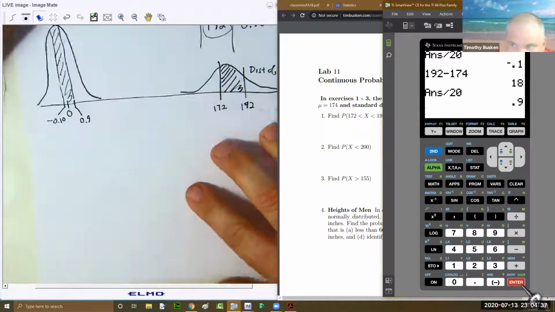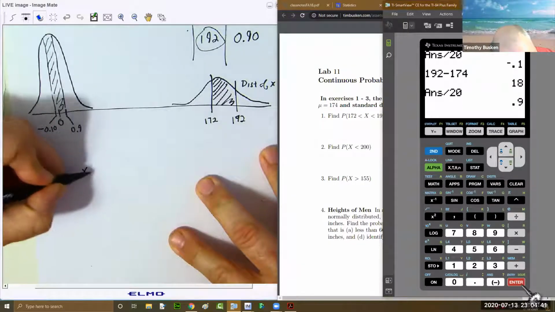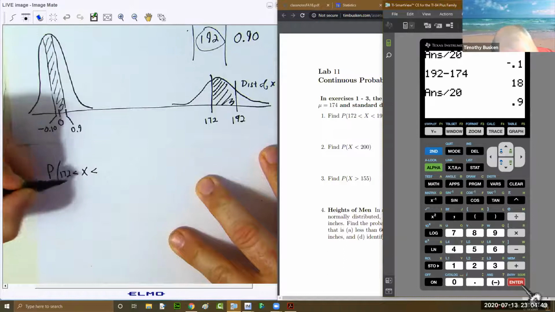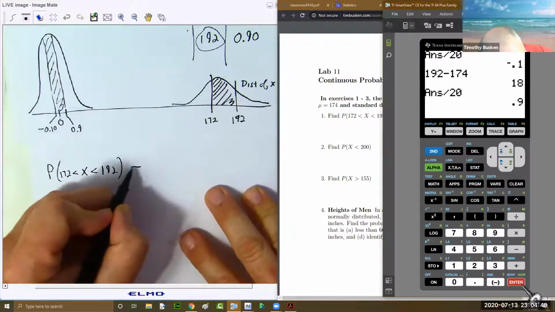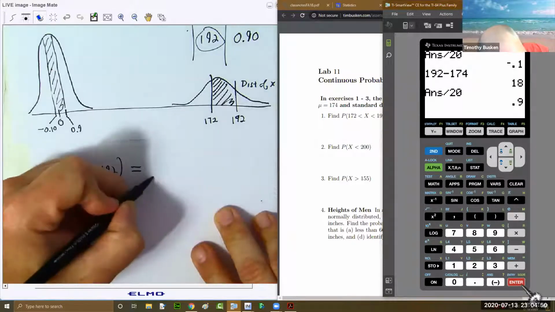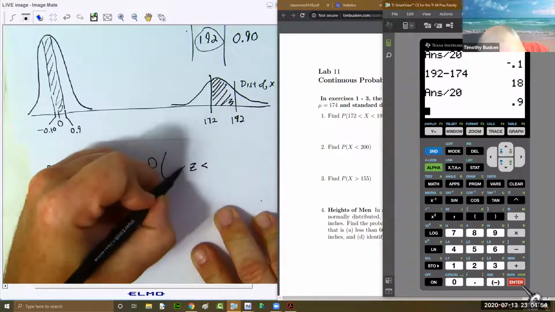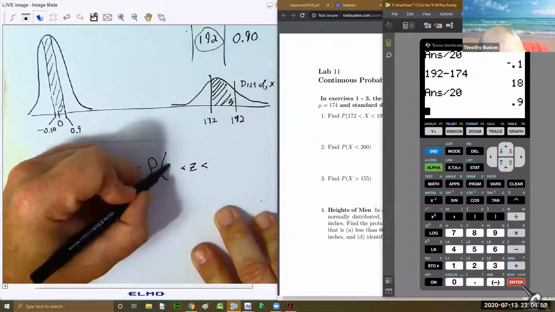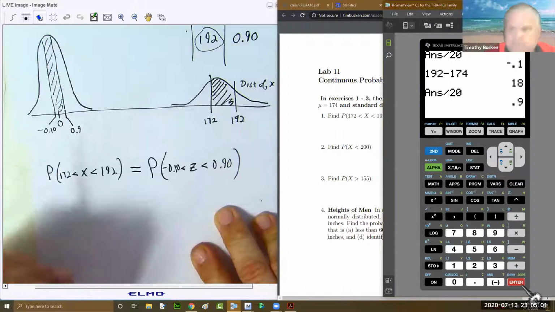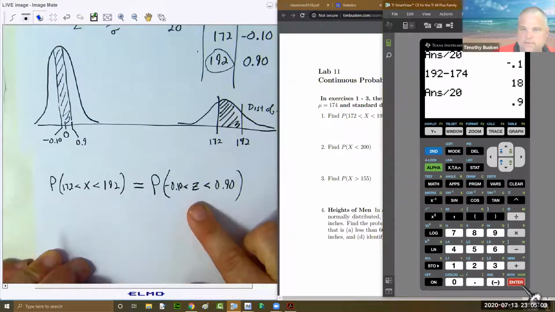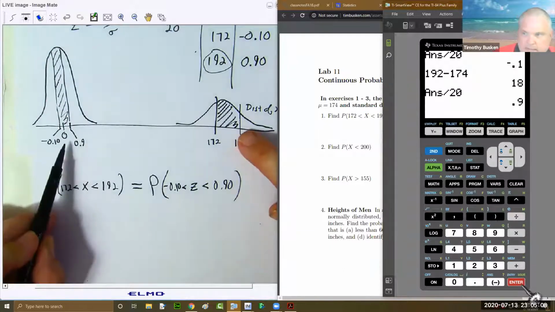And so going back to the question, find the probability X is between 172 and 192. To do that with the Z table, this is going to be equal to the probability that Z is between negative 0.10 and 0.90. The theory on linear transformations, not covered in this class, tells us these two areas are the same.